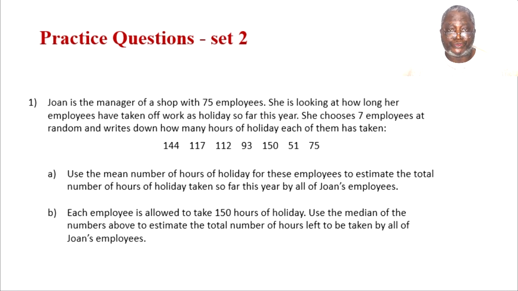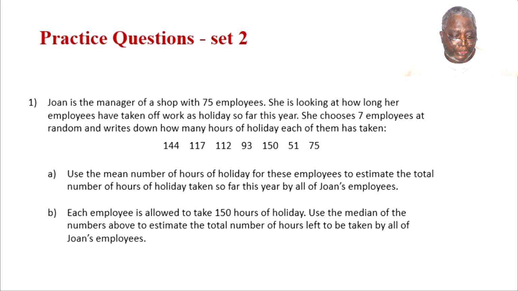Remember, she chooses the employees at random because sometimes when you sector them and choose specific employees, your estimation could be biased. Okay, so the holidays taken are 144, 117, 112, 92, 150, 51, and 75 hours.